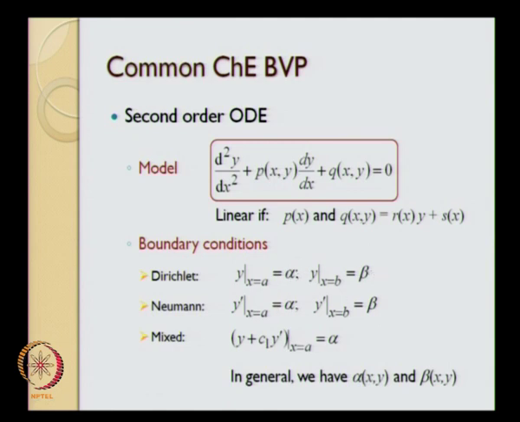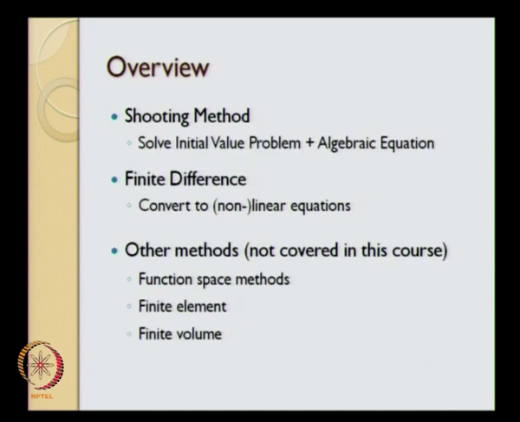Now let us get to the overview of this particular module. In this module we are going to consider two methods to solve boundary value problems. The first method is called the shooting method, where we are going to convert the boundary value problem into an initial value problem and then shoot for the solution. I will talk about that a few minutes from now.